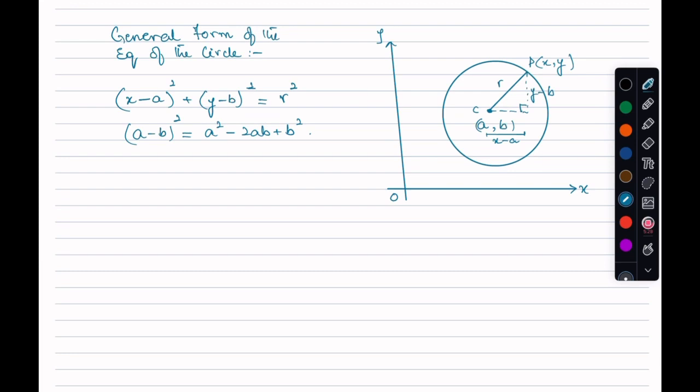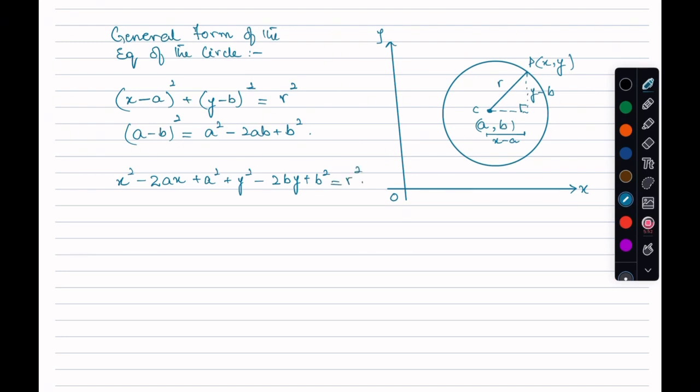So if I apply that to x minus a the whole square, I shall be having here x square minus 2ax plus a square, and plus y square minus 2by plus b square, and this is equal to the radius square.